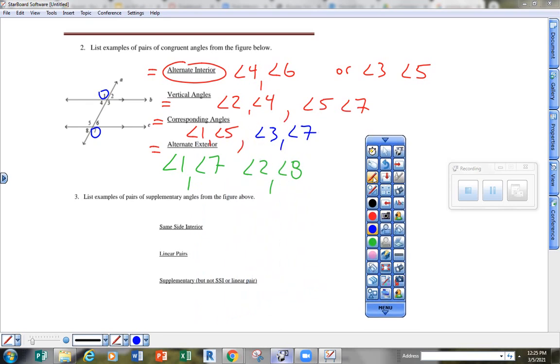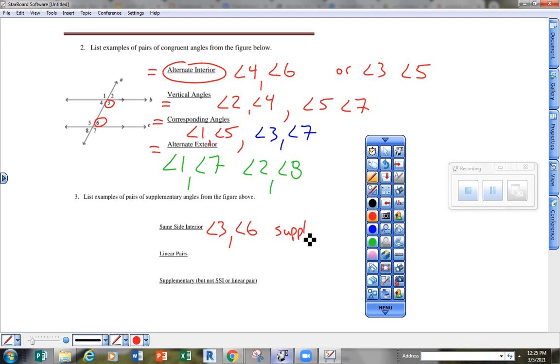List example pairs of supplementary angles. Same side interior would be like this: angle 3 and angle 6. Same side interior angles are what we call supplementary.